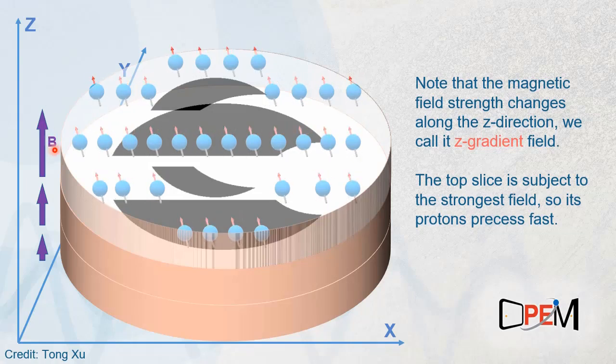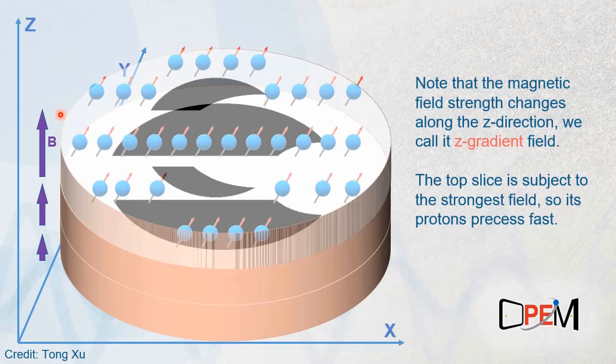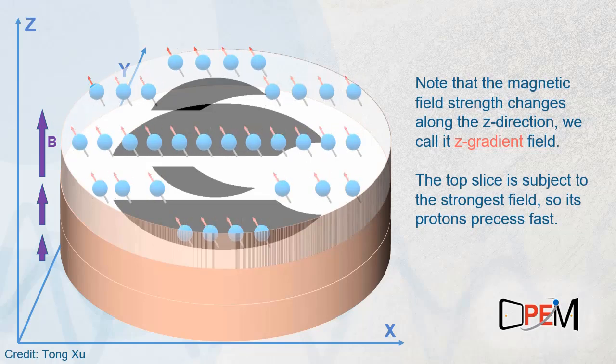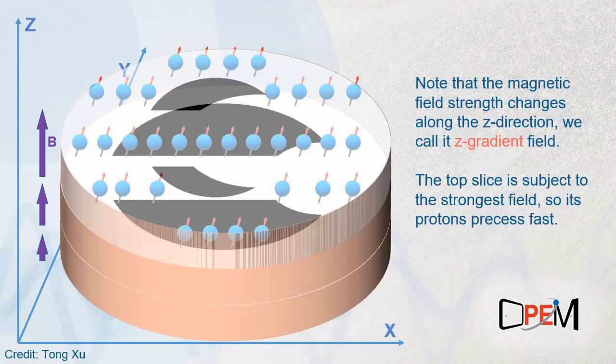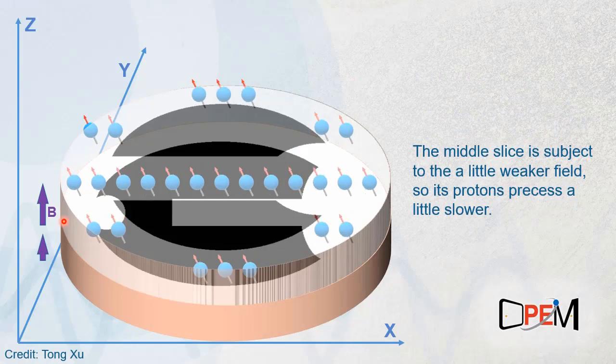As a result, the top slice of the patient is subject to the strongest magnetic field, so the protons in this slice precess the fastest. In the middle slice, the magnetic field is weaker than the top slice.